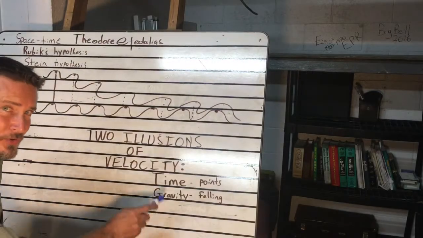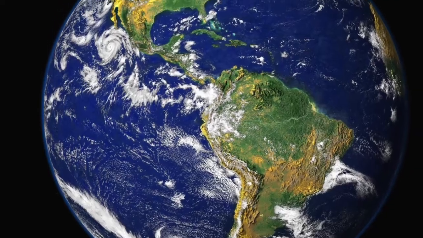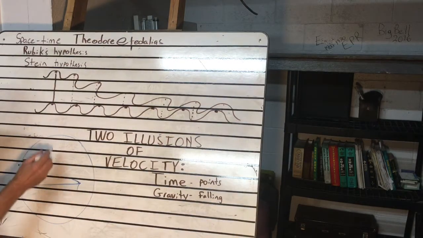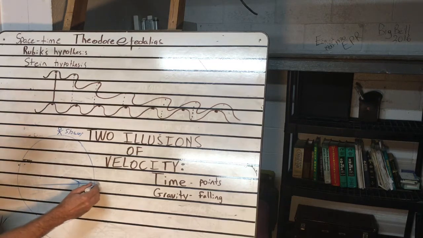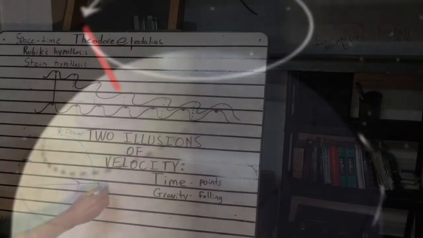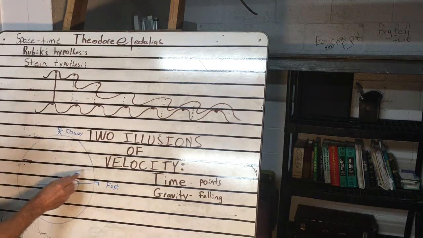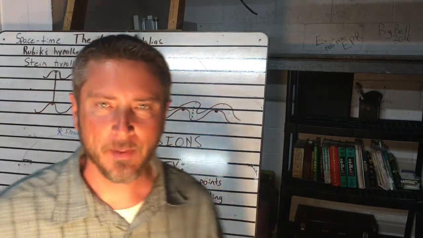The second illusion, gravity, is important. Because when we think of the Earth, and we realize that it's spinning, if you're at the top, you're spinning slower than if you're at the equator. Fast. Now, initially, this would mean there's all these stripes of potential time dilation between people on Earth.